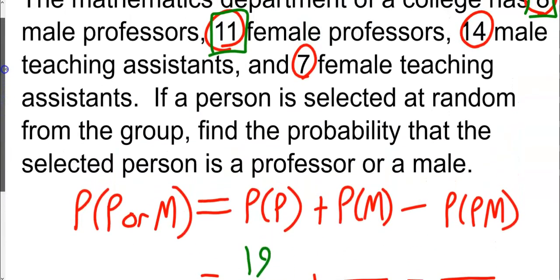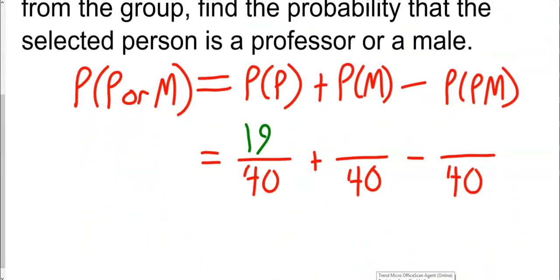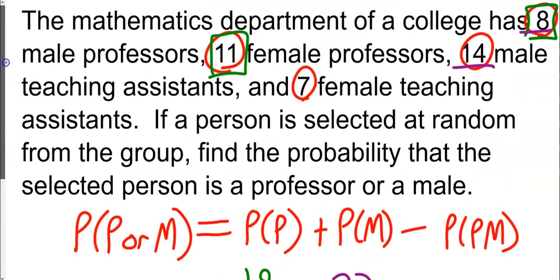And then from there, we got to talk about, well, how many males are there? Well, we've got 8 male professors and 14 male teaching assistants. So again, if you add those two together, you end up with 22. And then the last part, how many professors are both male and professors?